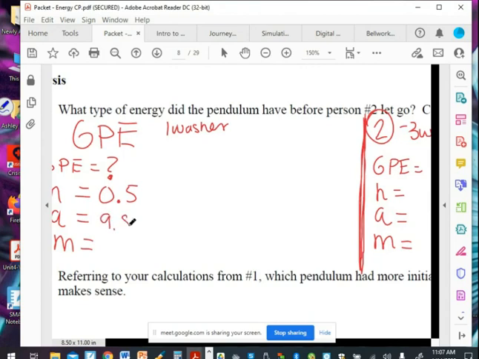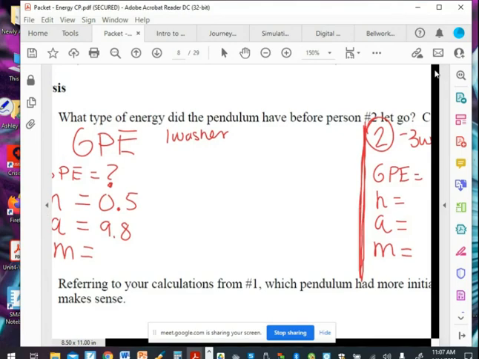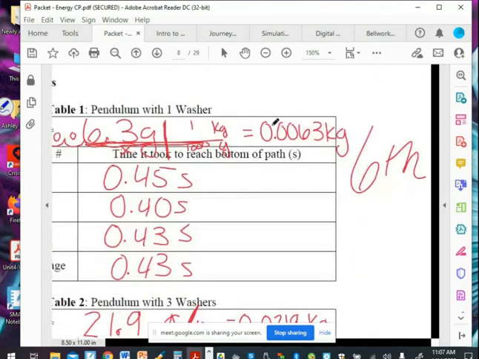Acceleration is always 9.8 meters per second squared. I'm not putting my units over here on the side because I want to leave enough room. And then my mass, remember this was 6.3 grams for me, but I want to use the number that we converted it to. So you have to go back up here and look at this number right here and use that one.